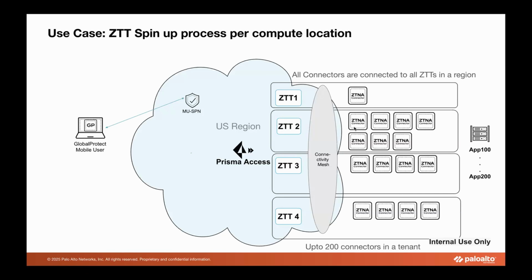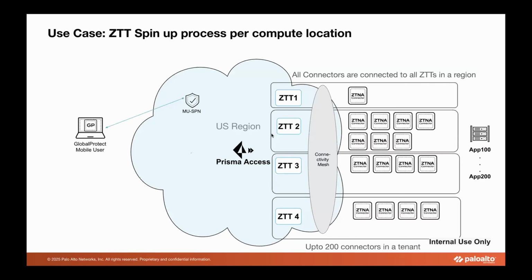When you spin up the second ZTNA connector, the second ZTT automatically spins up in the backend, and there is a connectivity mesh between ZTTs and the ZTNA connectors. And this happens because we require redundancy. So we support redundancy where if the second ZTNA connector comes up, you have a second ZTT supporting that. And then the third ZTT comes up when the 9th ZTNA connector is spun up, and the 4th ZTT comes up when the 13th ZTNA connector is spun up.